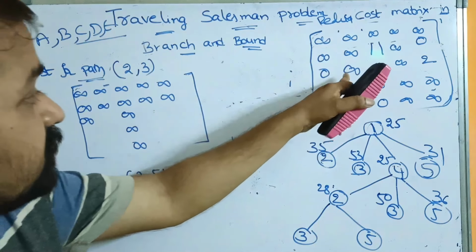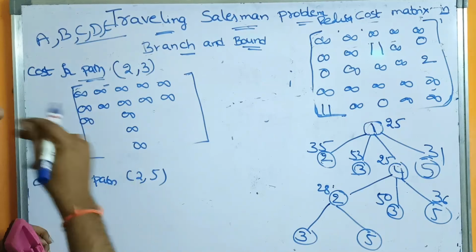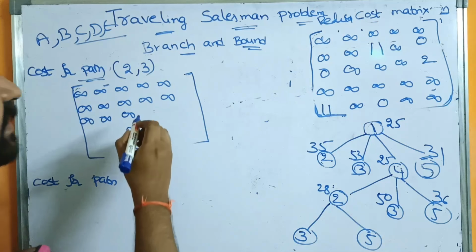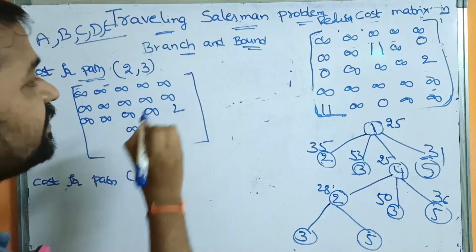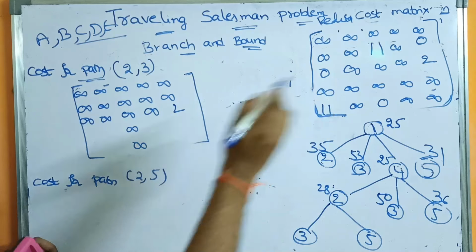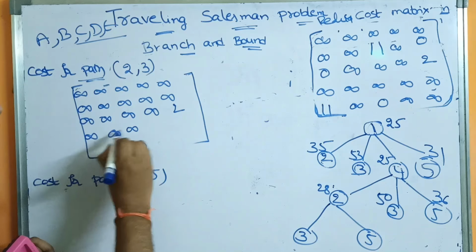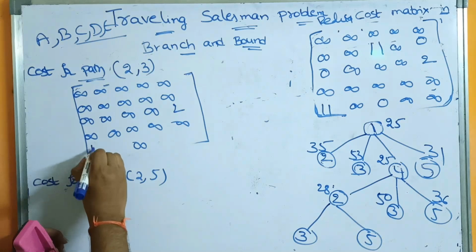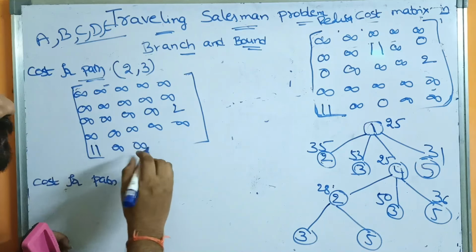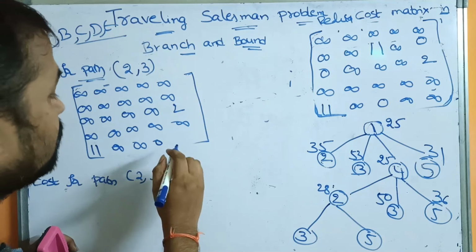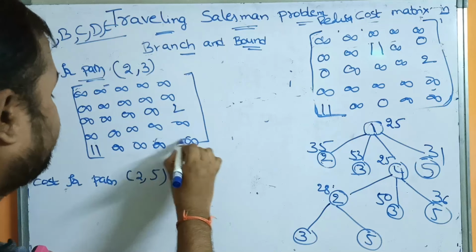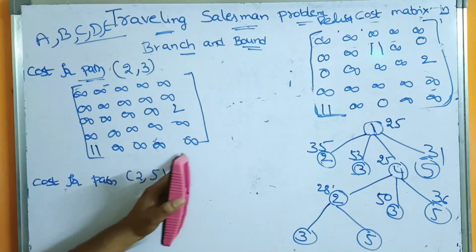Next let us note down the remaining values. Infinity, infinity. Next, infinity, infinity. Next fourth row, all are infinities only. Fifth row, 11, infinity, infinity.